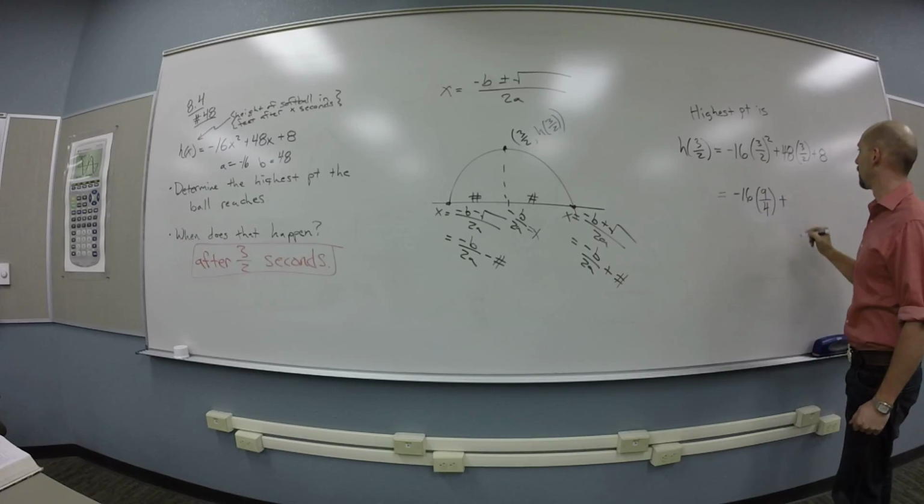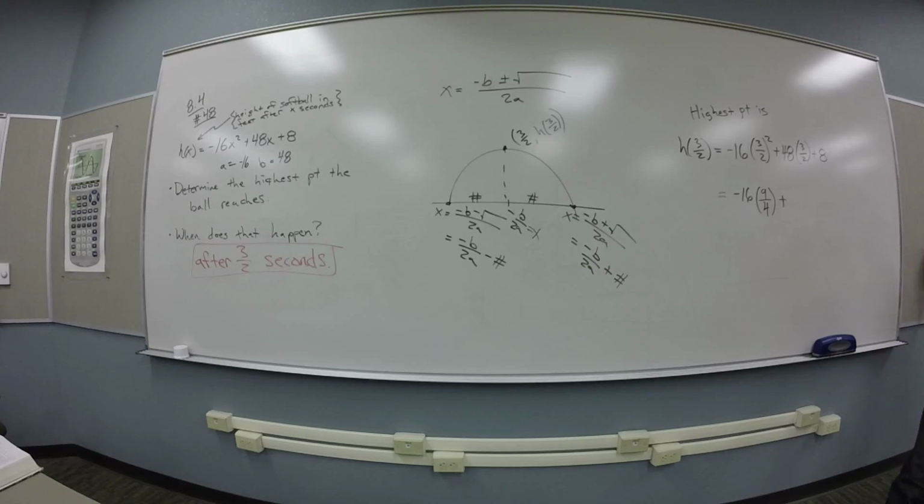Then I have plus 48 times 3/2. Can I simplify a bit there? What can I cancel there? The 2 out of the 48 and the 2 on the bottom, so I'm left with 24 times 3, which is 72.